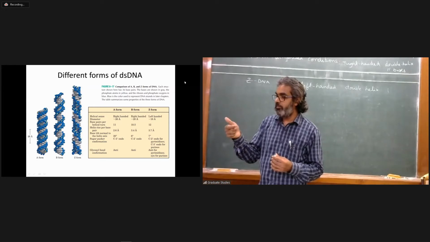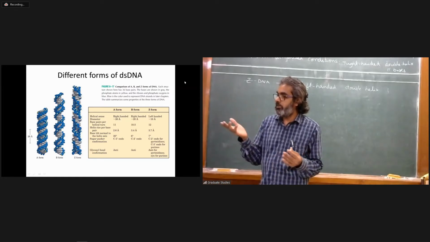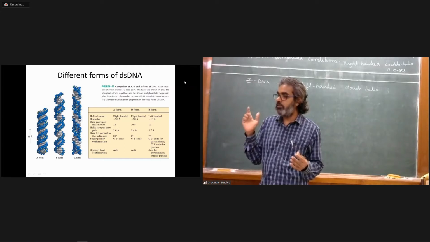Z DNA, by the way, is actually present inside the cells, but A DNA is not present because most of the time you have water and enzymes. Only in crystals you have less water, so that's why A form. I don't think A form is really formed inside the cells, but Z DNA is formed.